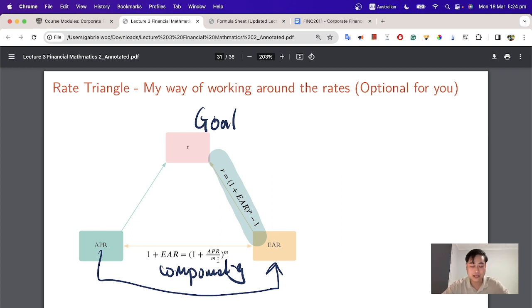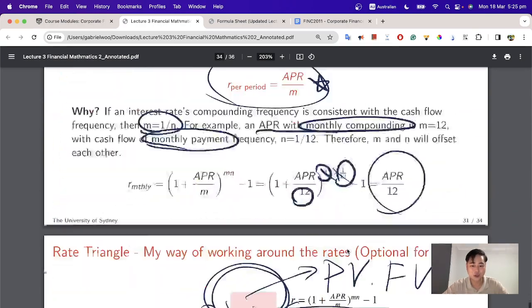What we do to take into account compounding is divide APR by M, which is the periods. So if we have monthly, then we divide by 12. If we have quarterly, we divide by 4. If we have weekly, we divide by 52 point something. And then we multiply the N by M to get EAR. By EAR, we get to R. And that is our goal.